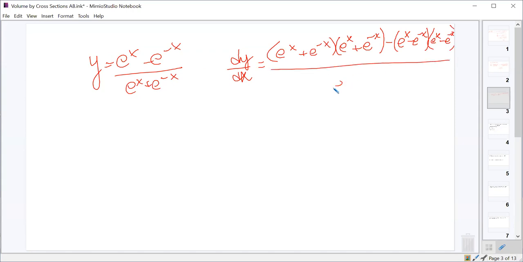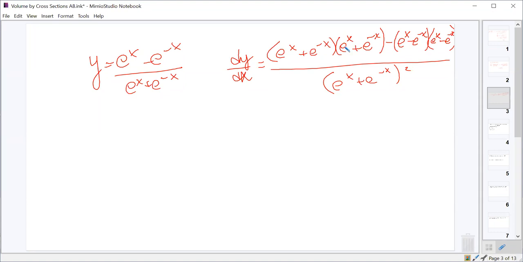And then that's all going to be over the denominator squared. Good or no? So far? Good. And looking at the answer choices, none of them look like that.